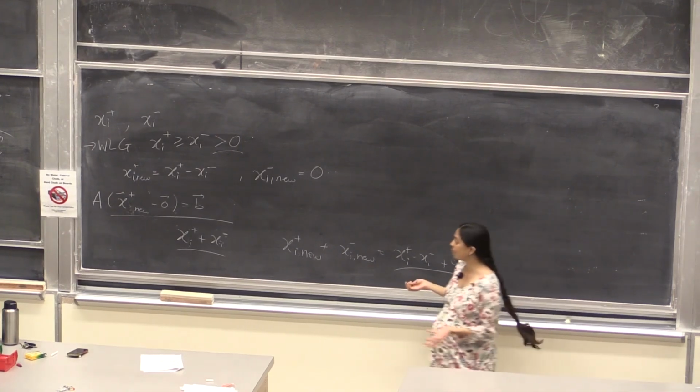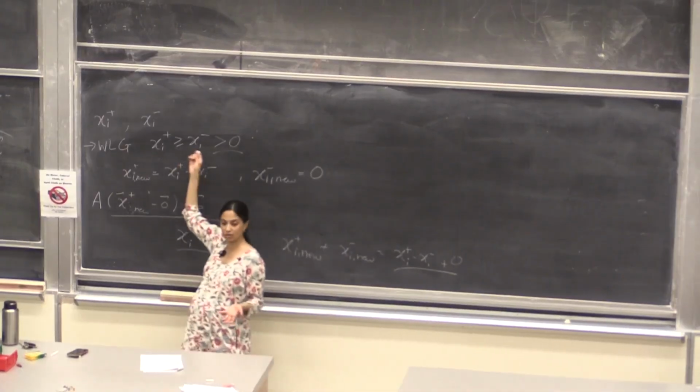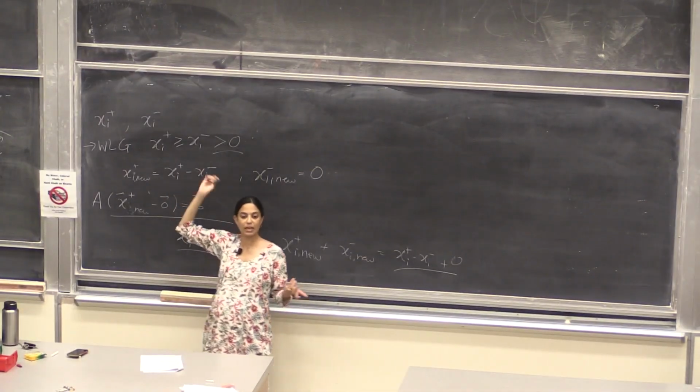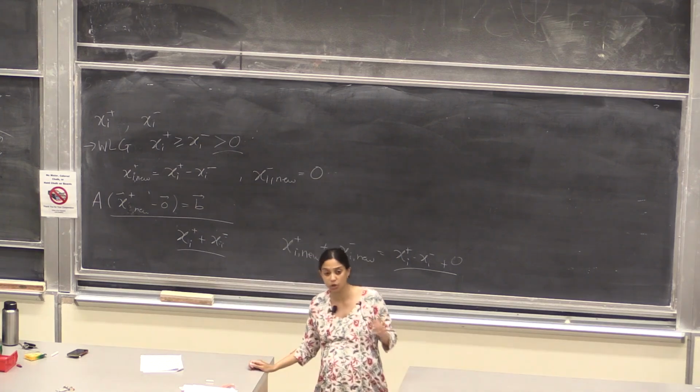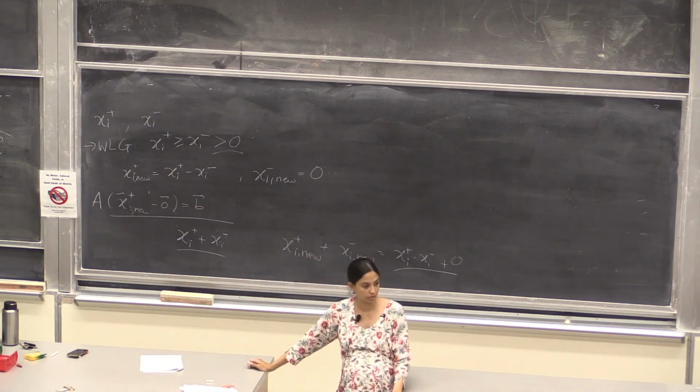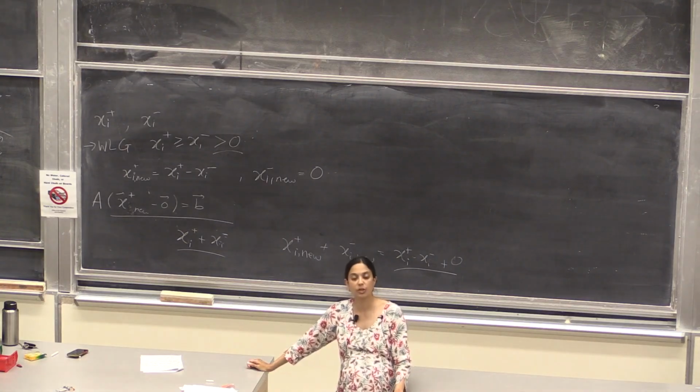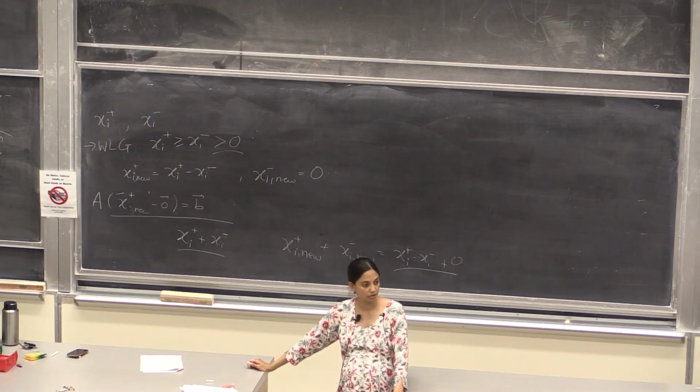So basically, if I ever had a situation where one of the xi's was distinct from 0, I could always improve my solution by pushing down to 0. Therefore, my optimum must always be attained when one of the variables itself is 0. Does everyone see that? Questions?